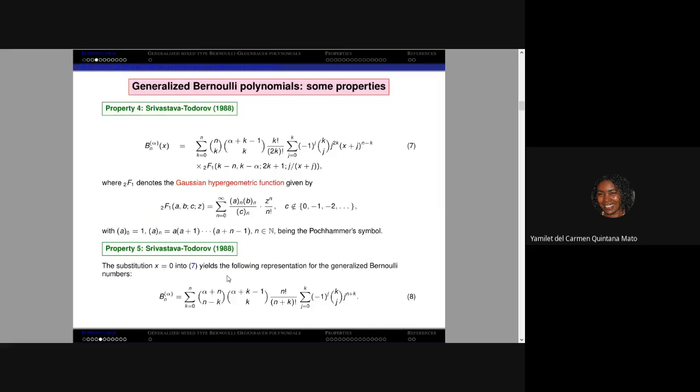These properties are a little different, because property 4 expresses the generalized Bernoulli polynomial in terms of the Gaussian hypergeometric function 2F1, and then taking x equal to 0, property 5 gives a representation for generalized Bernoulli numbers.